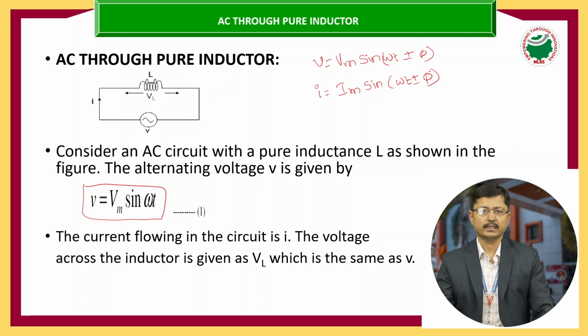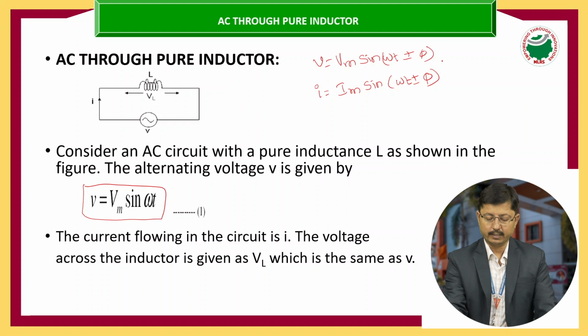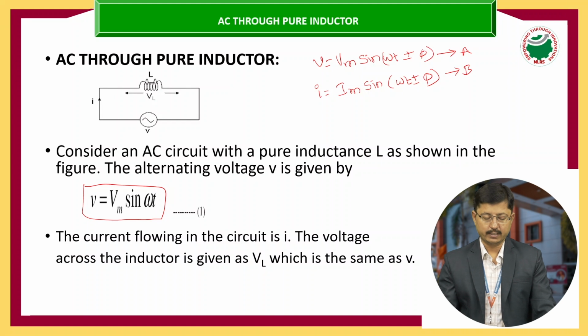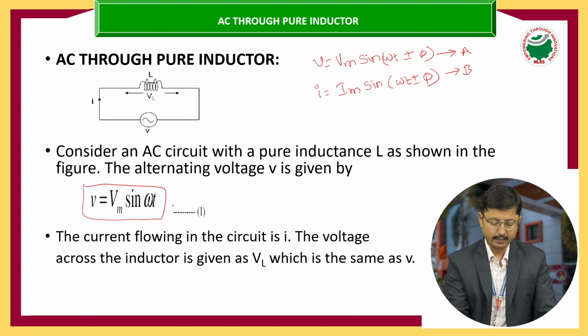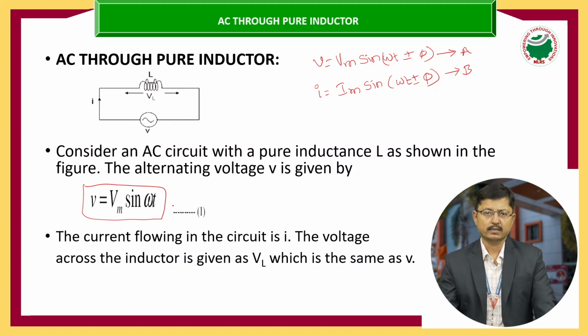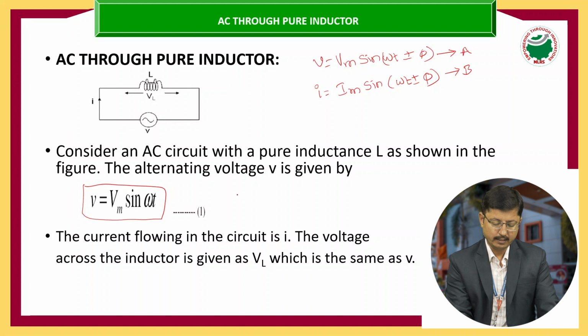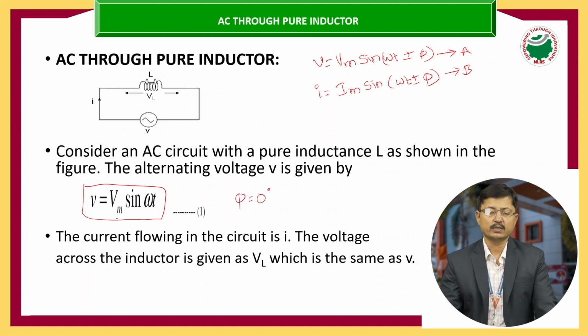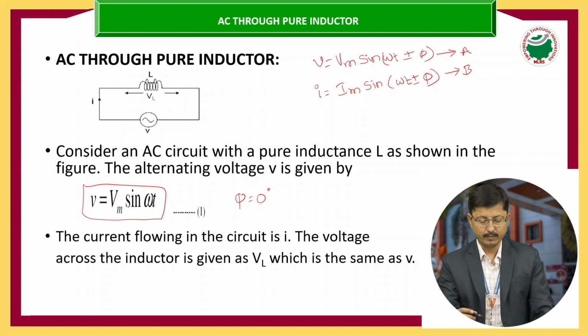These are the basic standard equations. Comparing equation 1 with the standard equation A, the phase angle phi is 0, which means the voltage starts at 0 degrees. Keep that in mind.